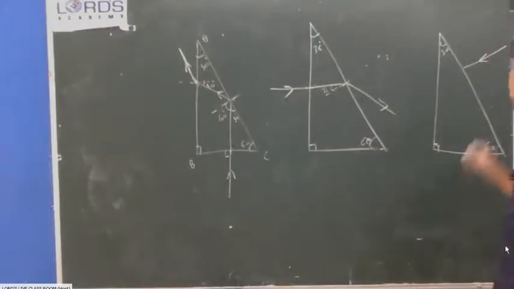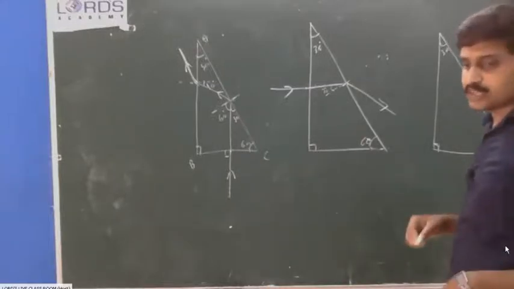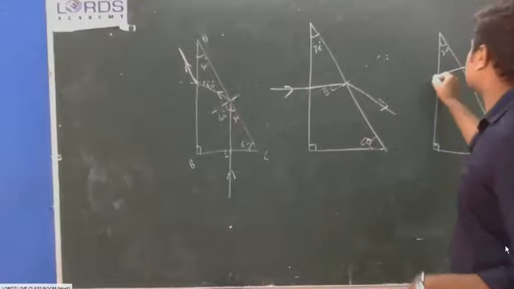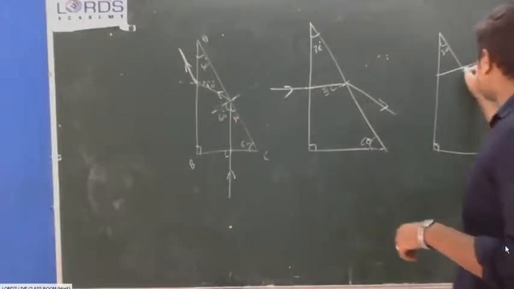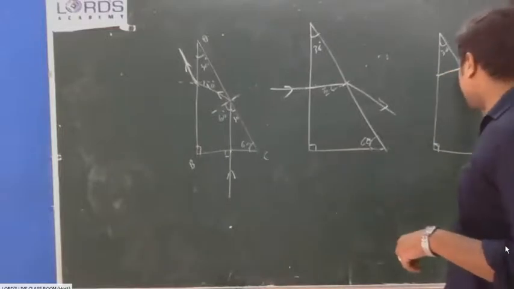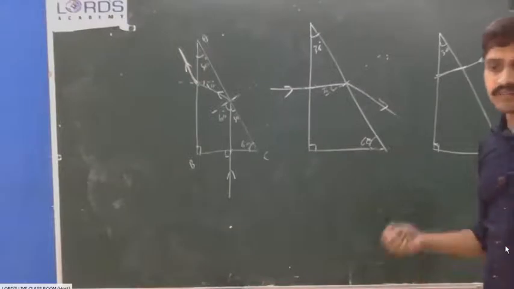Denser to rarer to denser, but the angle is 0, so no deviation. It reaches here, not parallel to the base. Again, what happened?